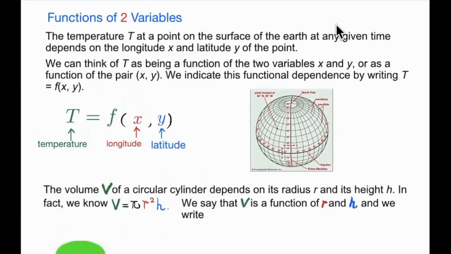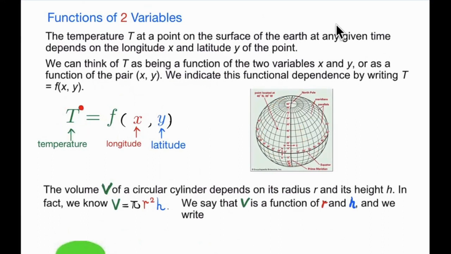First, we talk about functions of two variables. Now, consider the temperature of a point on the surface of the Earth. The temperature at that point actually depends on the longitude and latitude of that point.